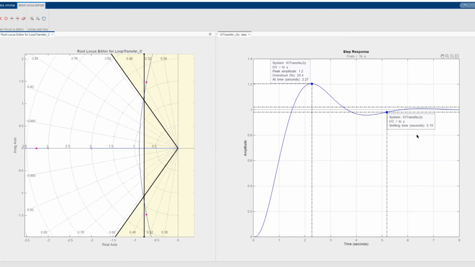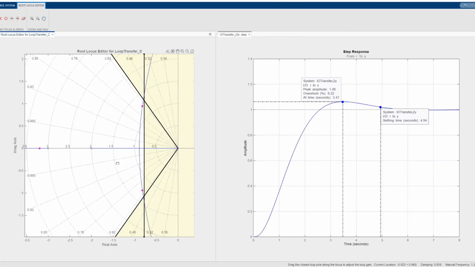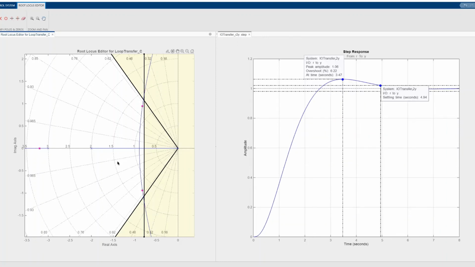Both of them are not met. This is a very nice tool. Use your root locus plot with the design region to see where the closed-loop poles need to be. If I place it back here, this is maybe a better solution since it's at the edge of the settling time but has a little less overshoot. That really depends on your application.